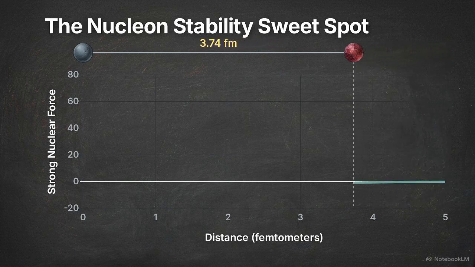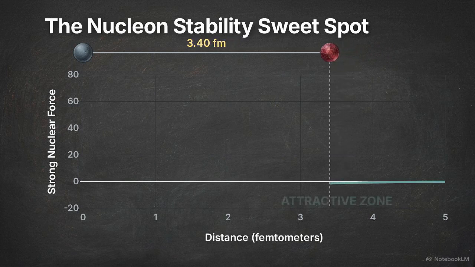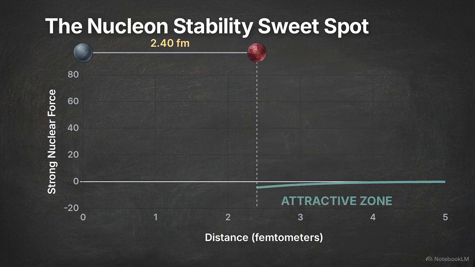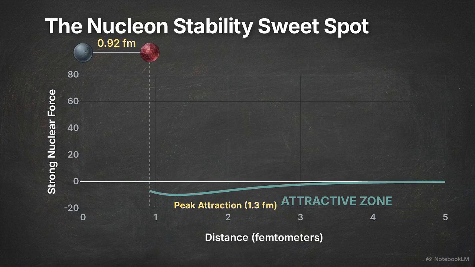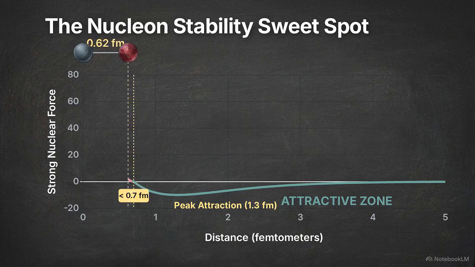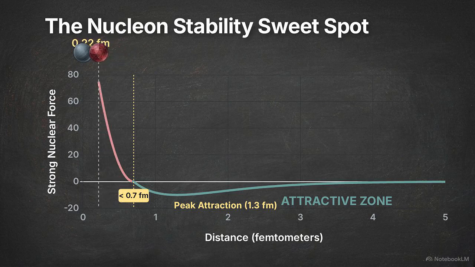When separated by more than 5 femtometers, the force is inactive. But as they move closer, peaking around 1.3 femtometers, the force becomes fiercely attractive, pulling particles together. If they get too close, however, less than 0.7 femtometers apart, the force sharply reverses. It becomes violently repulsive, preventing the nucleons from crushing into each other.